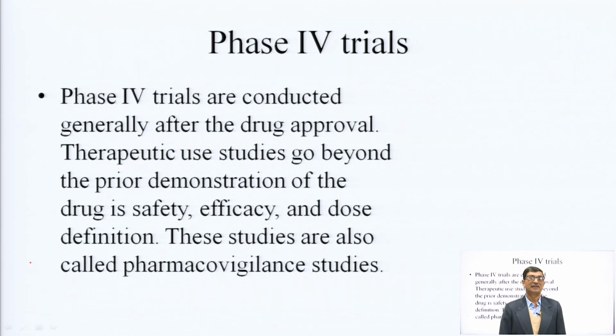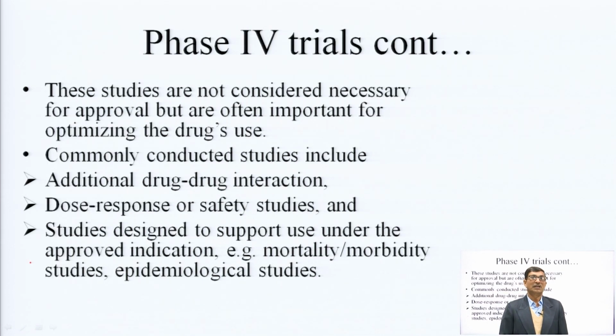Phase 4 trials are conducted generally after the drug approval. Therapeutic use studies go beyond the prior demonstration of the drug's safety, efficacy, and dose definition. These studies are also called pharmacovigilance studies. They are not considered necessary for approval, but are often important for optimizing the drug's use.